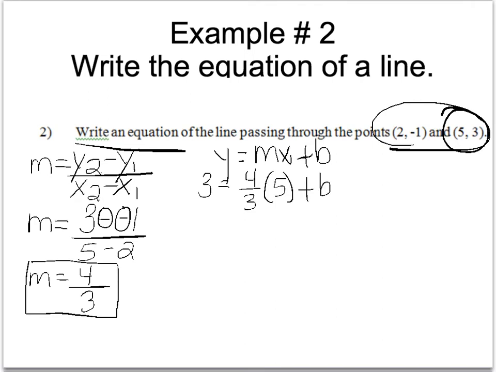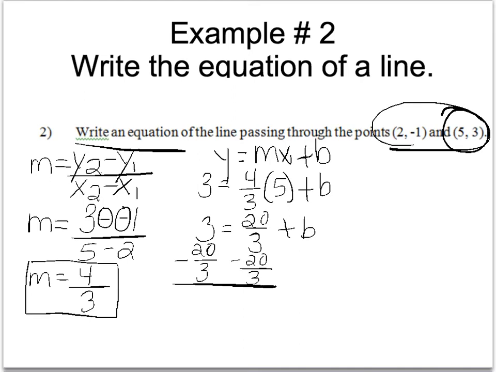So now we're dealing with some fraction answers. So we have 3 equals 20 over 3. Remember, you can put that into your calculator as 20, the ABC key, 3, plus b. Solving for b, we're isolating b, so we need to cancel out the 20 over 3 by subtracting it.